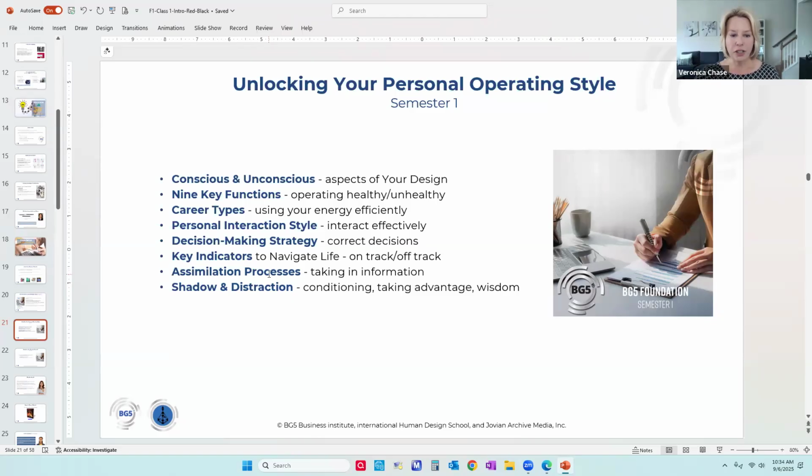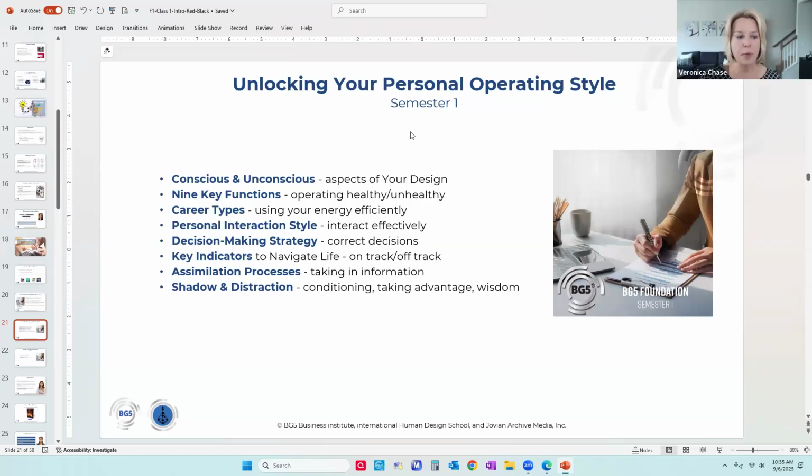Later on, we'll get into assimilation, how we take in information, and then we will spend several classes on shadows and distractions. That is a huge component of understanding human design. And I think all of us who study this really gravitate to this place because there's so much more important information in the shadows and distractions that is also going to form an important base for understanding your own conditioning.